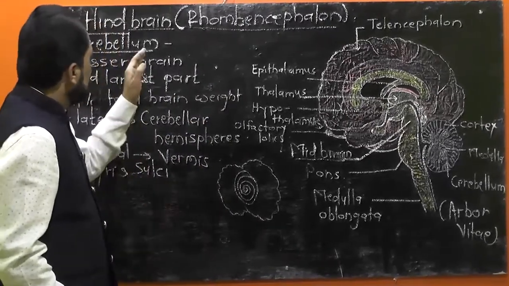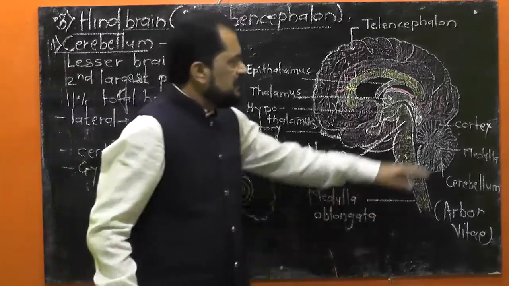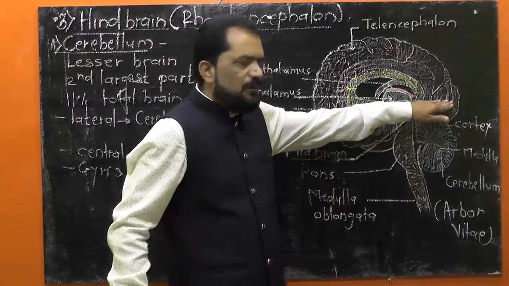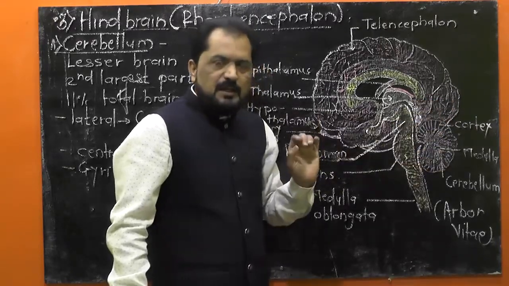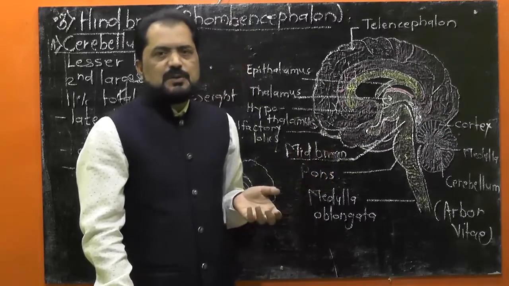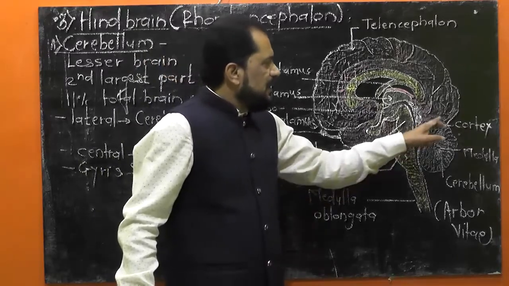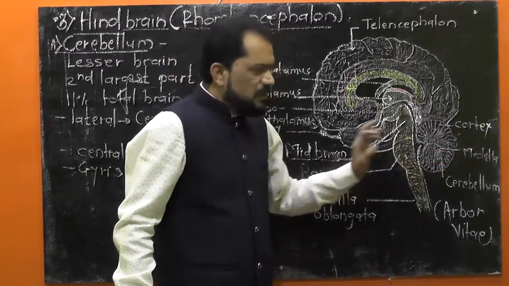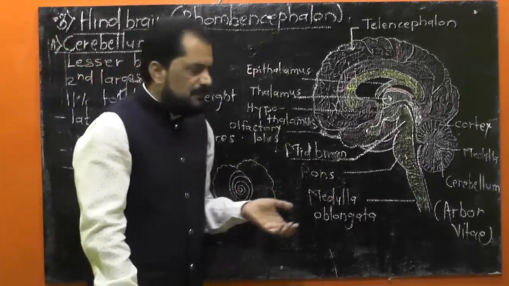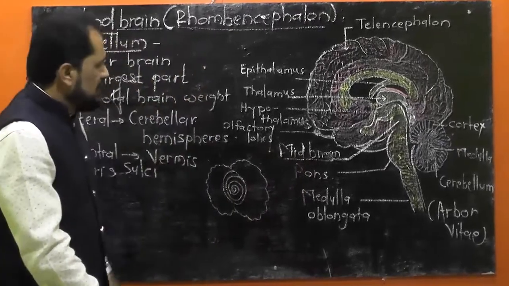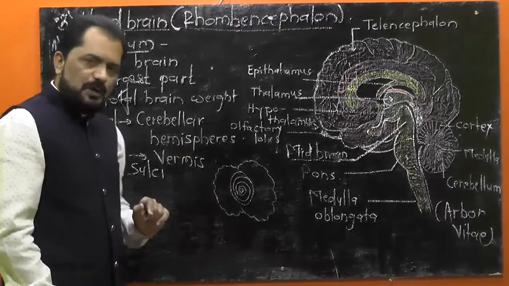I said that cerebellum, it is also known as lesser brain. It is present just below the occipital lobes of cerebral hemisphere. It is the second largest part of brain and contributes 11% of the total brain weight. Externally, it shows many convolutions and grooves, that is gyri and sulci. The cerebellum consists of three major parts such as two lateral cerebellar hemispheres and central vermis.